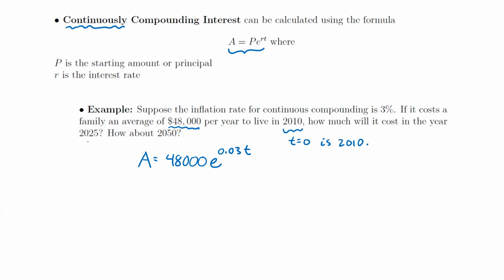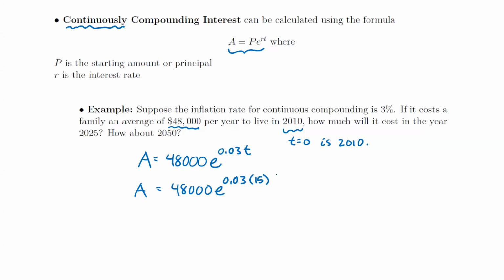So it says in 2025, how much will it cost to have the same standard of living that 48,000 bought you in 2010? Well, 48,000 e to the 0.03, and in 2025, of course, 15 years have gone by. So we'll go ahead and put a 15 in the exponent.